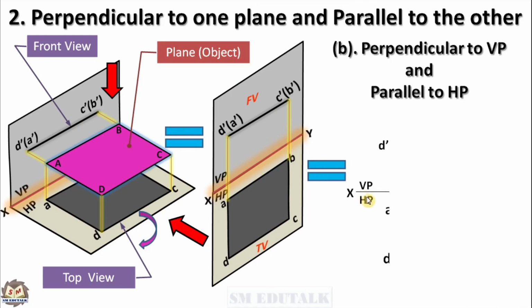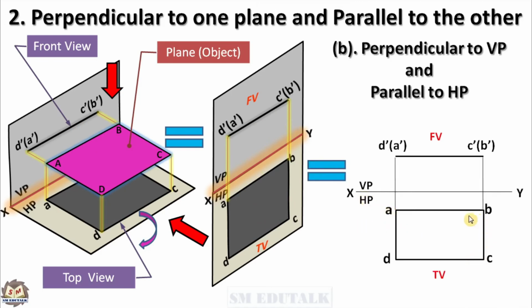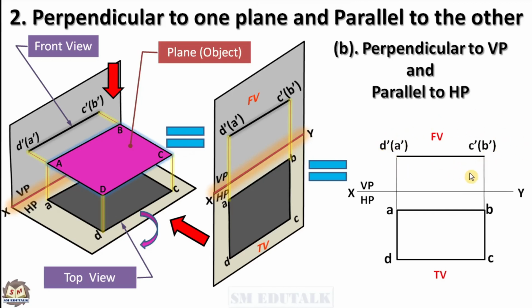While drawing the views in the drawing sheet, top view should be drawn first, because top view has got the true shape of the plane, that is a rectangle. Don't shade the rectangle like we did in the pictorial representation. This top view should be projected upwards above the XY line to get the front view. So front view is nothing but a horizontal line.